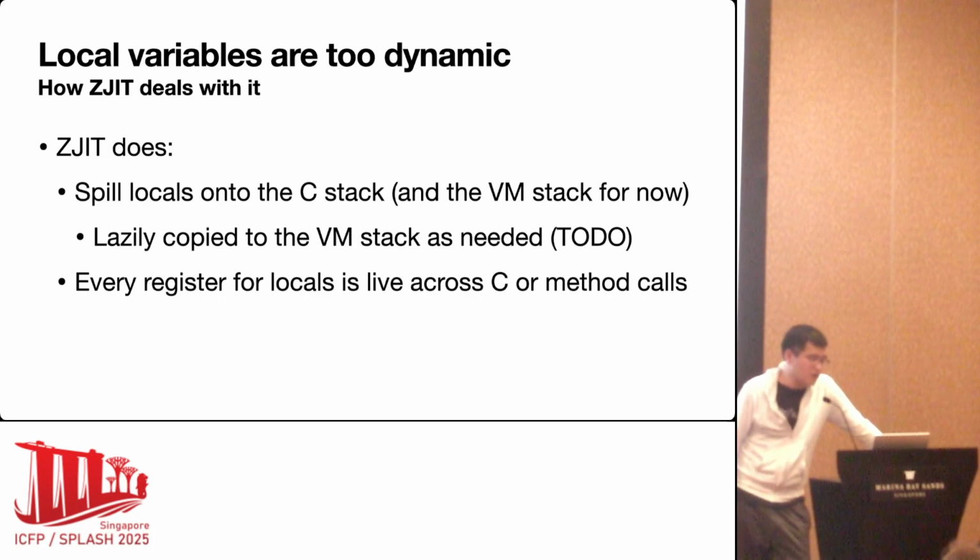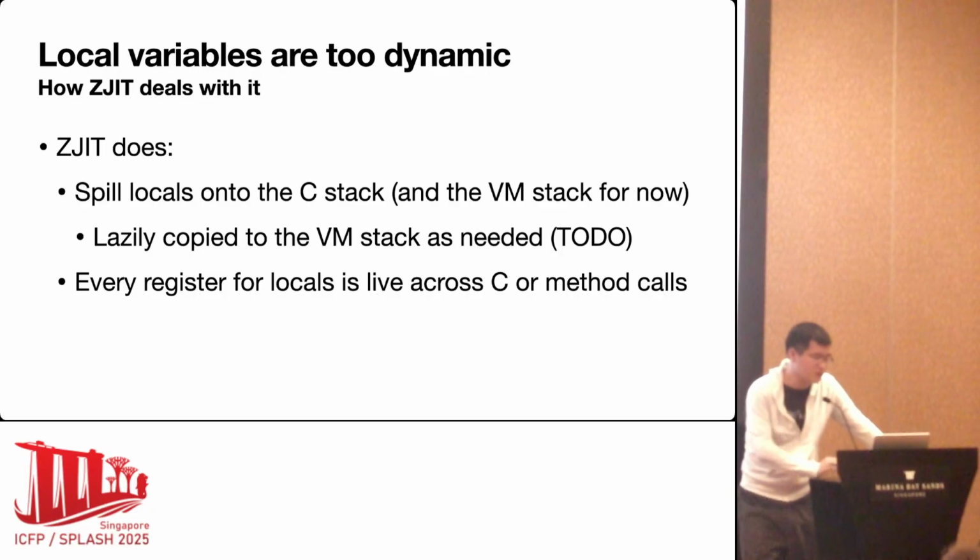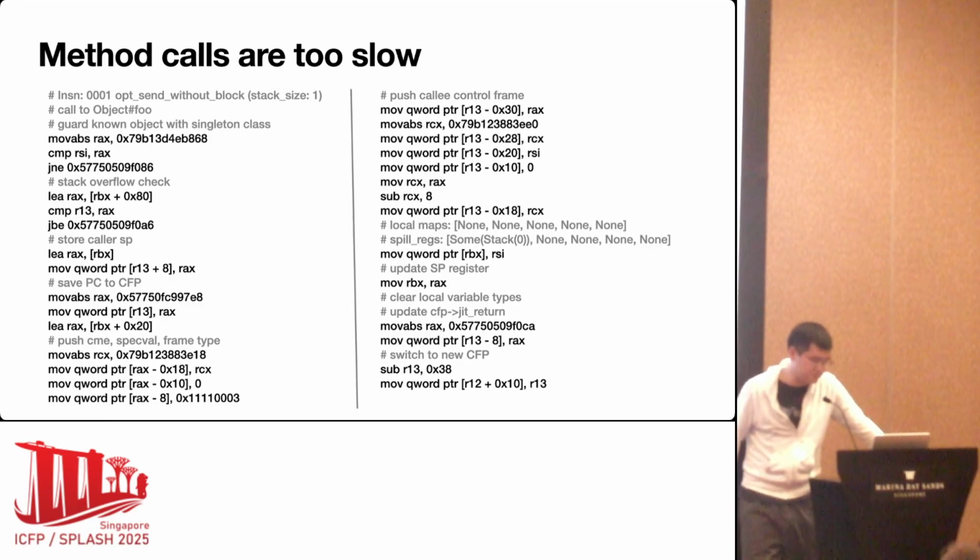We gave up on making the local variables live in registers in YJIT across every C function call, and also a lot of methods are written in C. So spills happen a lot in YJIT, but in ZJIT we push and pop the registers across different C function calls. So these are live, and that allows us fast access to those local variables in ZJIT.